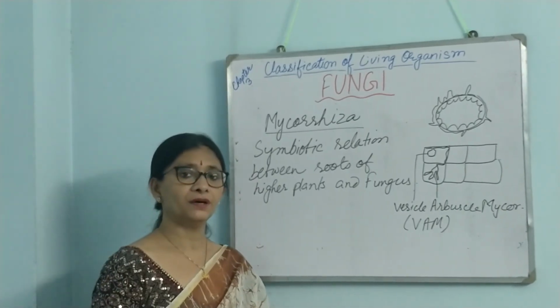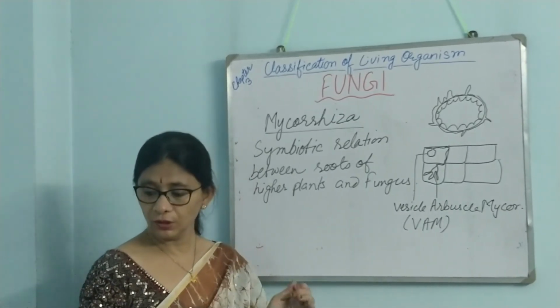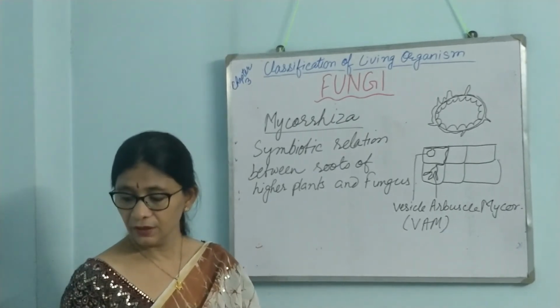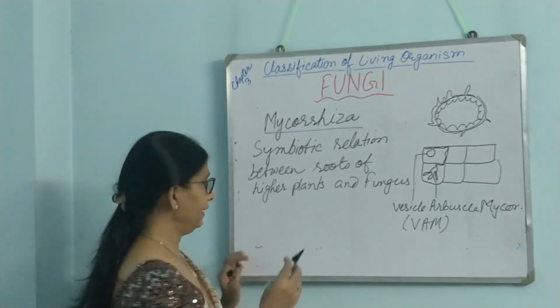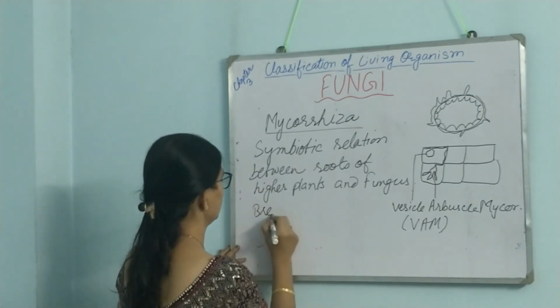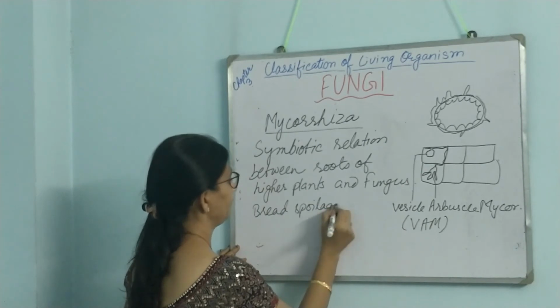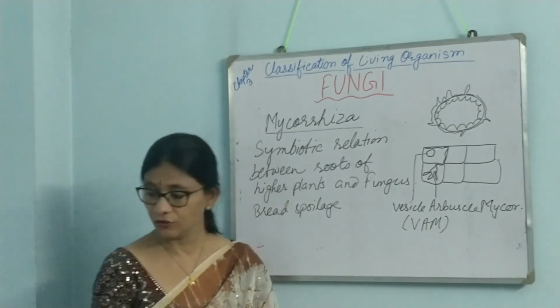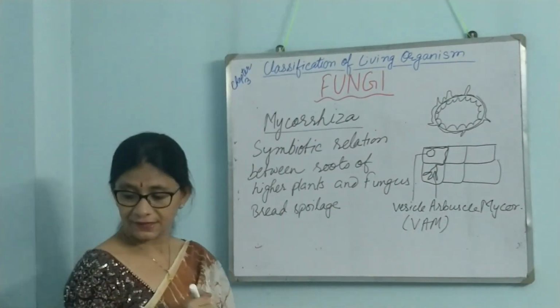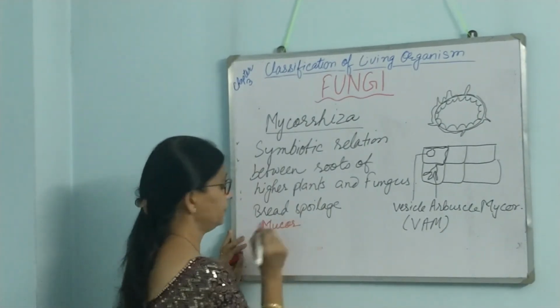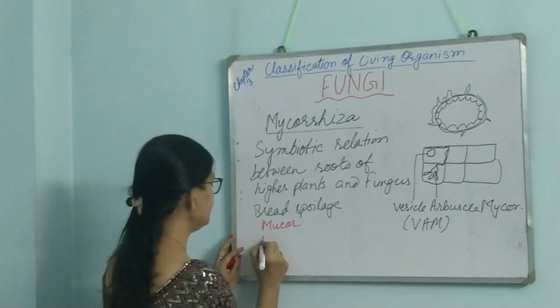Now we have some useful and harmful fungus which I can just mention quickly. Bread spoilage. As I told you earlier, it is caused by quite a few fungus. Let's see what they are. Mucor. Then we have Aspergillus.